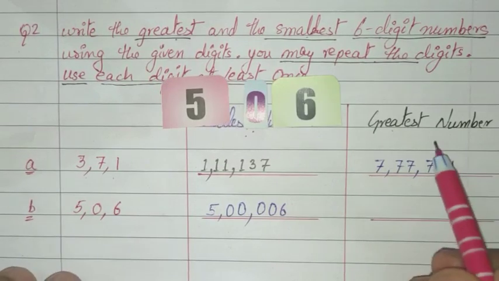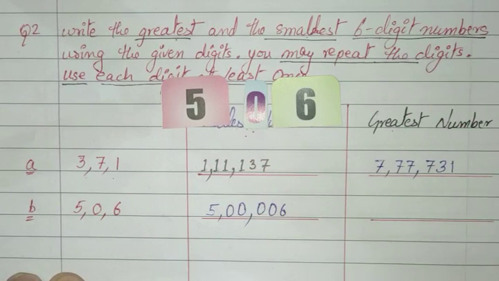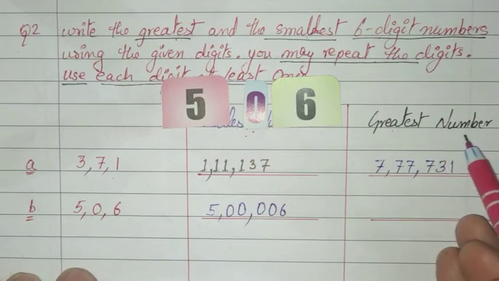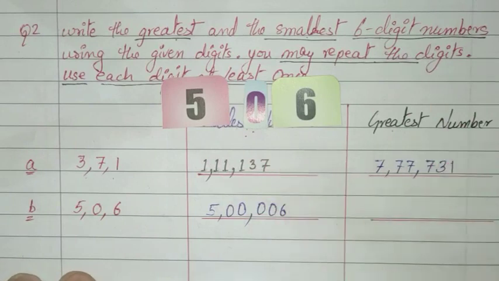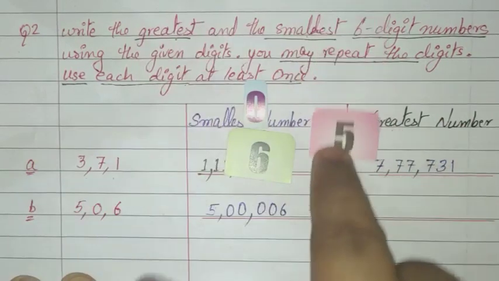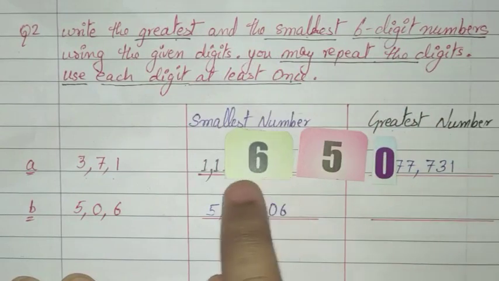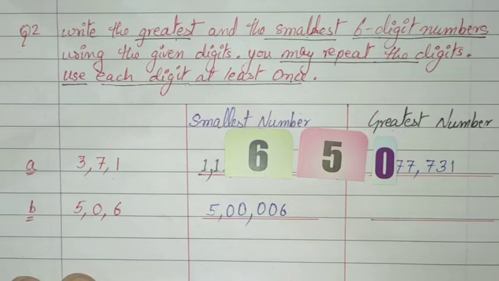Now you have to form the greatest 6-digit number from these 3 digits. For forming greatest number, you have to arrange them in the descending order. 6, 5, 0. To form greatest number, you have to repeat the greatest digit.